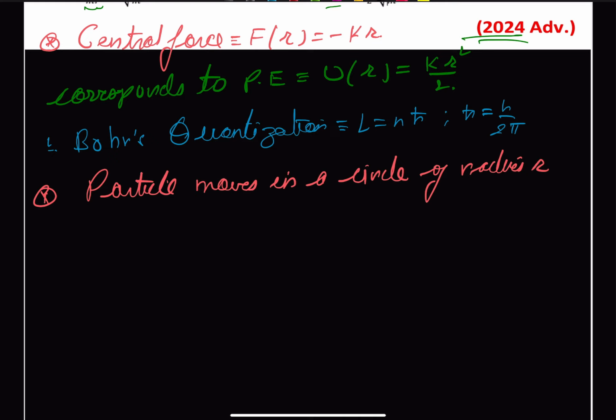Therefore, mv² upon r will be equal to the central force, that is kr. So from here we can write that v² will be equal to k upon m times r².